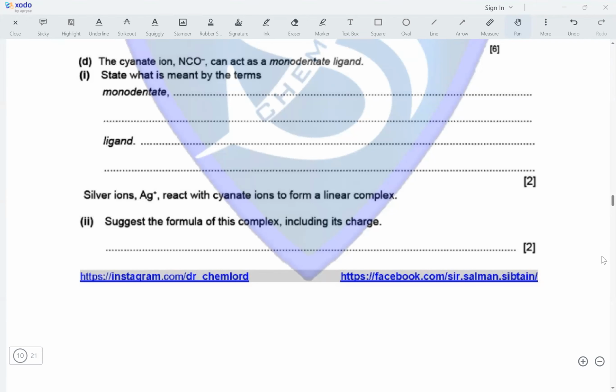The cyanate ion NCO minus can act as a monodentate ligand. State what is meant by the term monodentate.